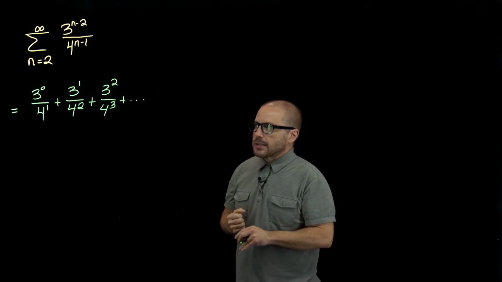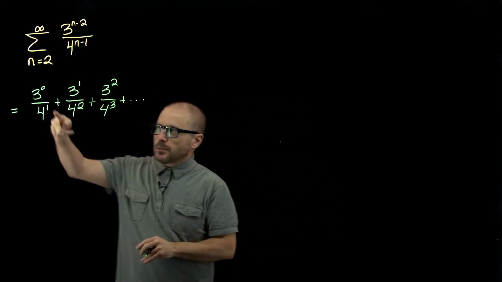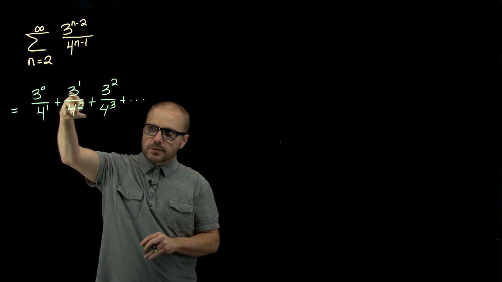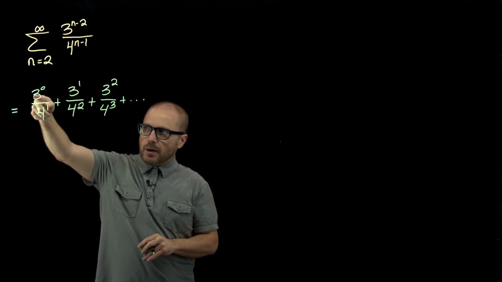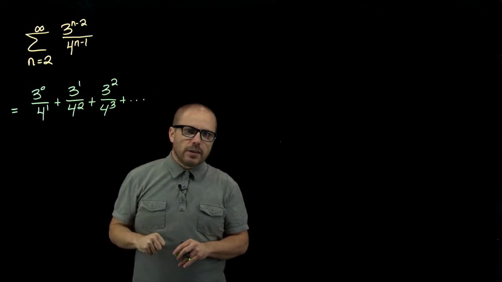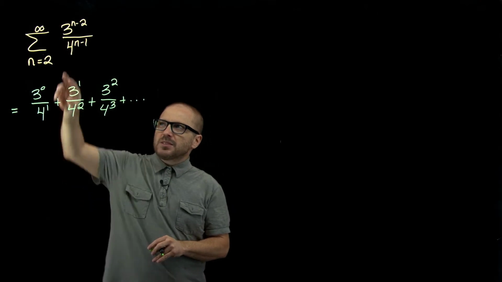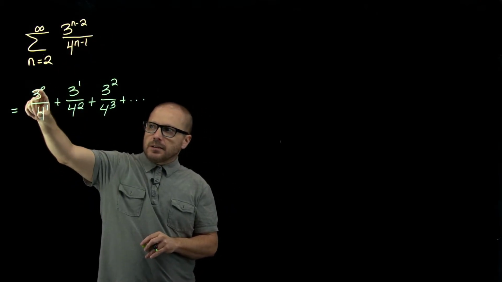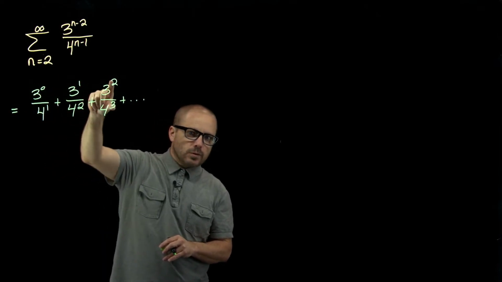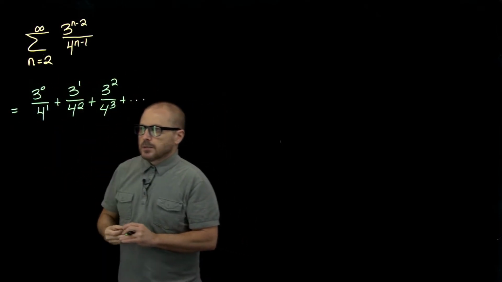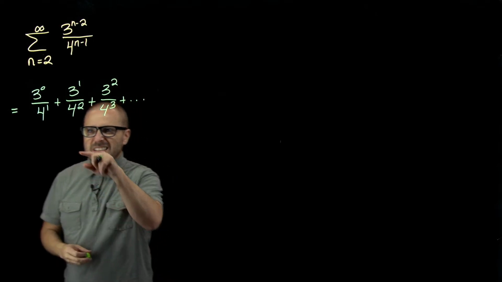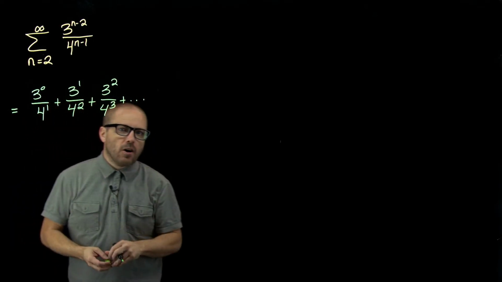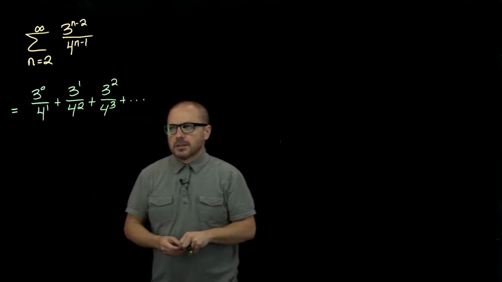The thing to notice is that as we go from this term to this one to this one, it goes up by 1 degree in the 3 and 1 degree in the 4. So it doesn't really matter that they're different degrees. It's that this is times 3/4 times 3/4 times 3/4. So we can see easily from here that our r is 3/4.